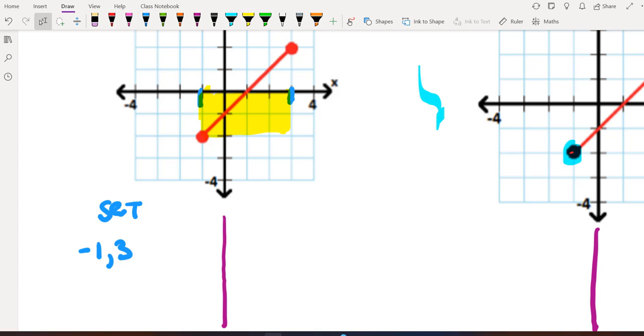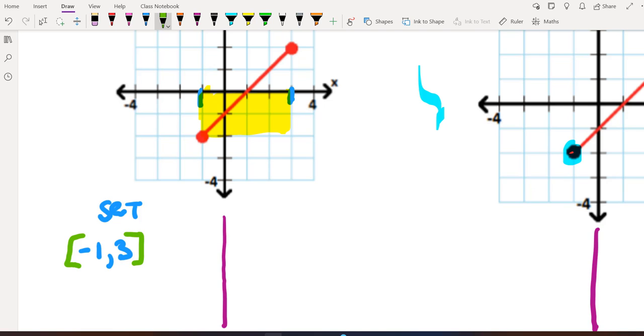These graphs can have solid dots and hollow dots. Looking at -1, this is a solid point, so we're going to use a square bracket for that. So I put a square bracket down. Okay, and then going over here, that's a solid point as well. So at 3, we put another square bracket down.